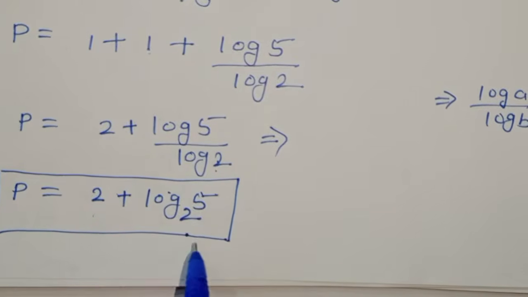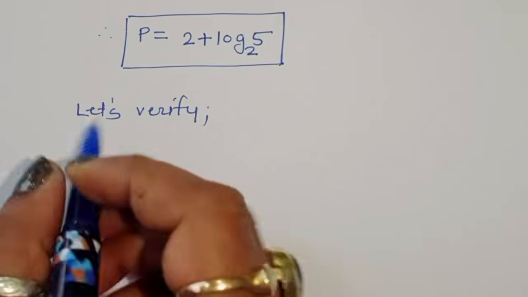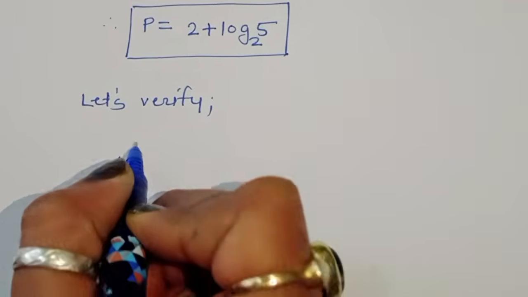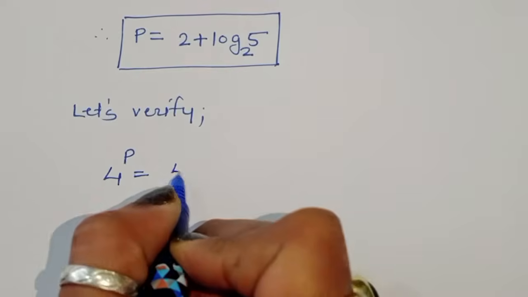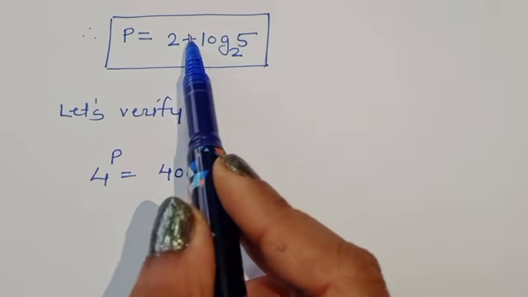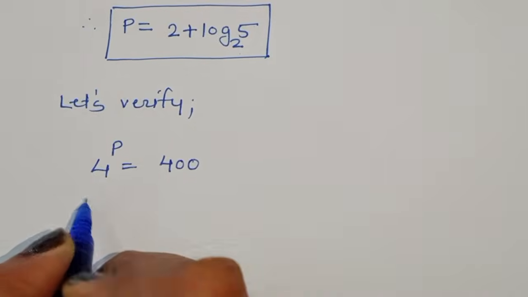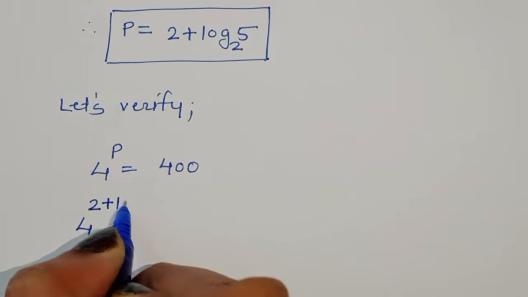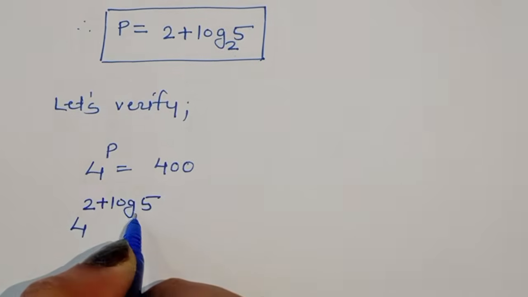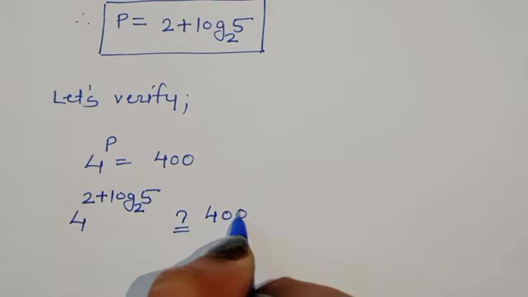Now let's verify whether this is correct or not. The question is 4 power p is equal to 400, right? And we have to substitute this value, p is equal to 2 plus log of 5 to the base 2. So 4 power p, with p as 2 plus log of 5 to the base 2, should equal 400, right?